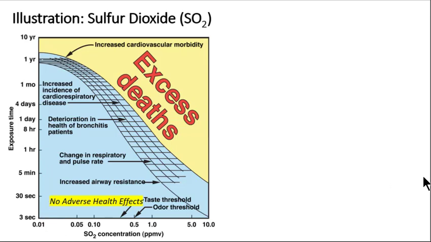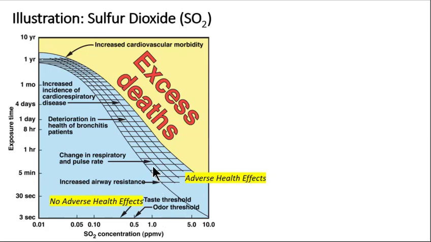The light blue hatched area is where paired concentration and exposure times increase to the point where adverse health effects begin to occur. These effects range from short-term acute effects such as increased airway resistance, which would trigger difficulty or pain when breathing. Since this is an acute effect, it corresponds to short durations to higher concentrations.